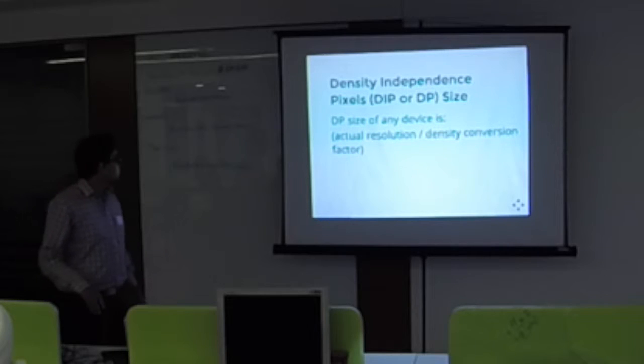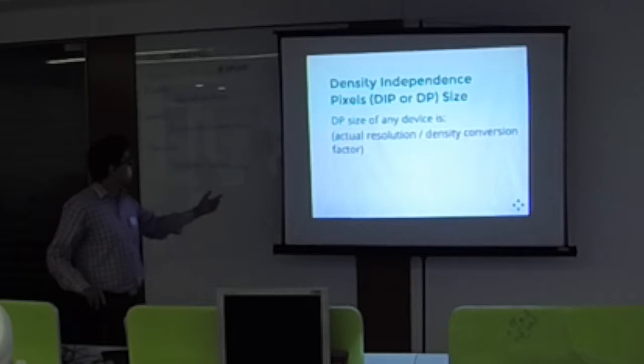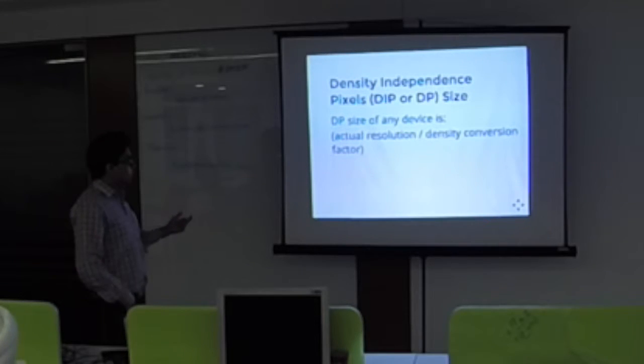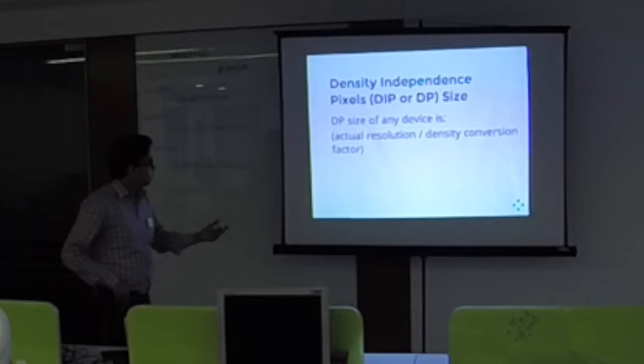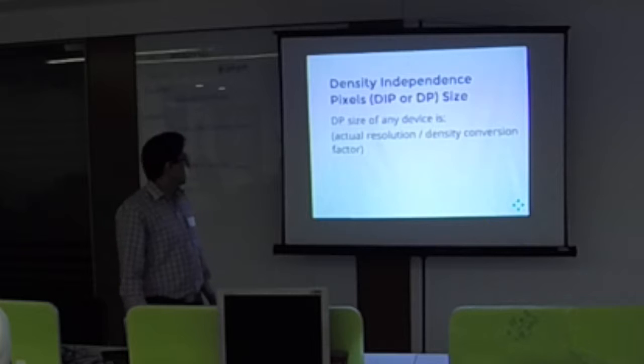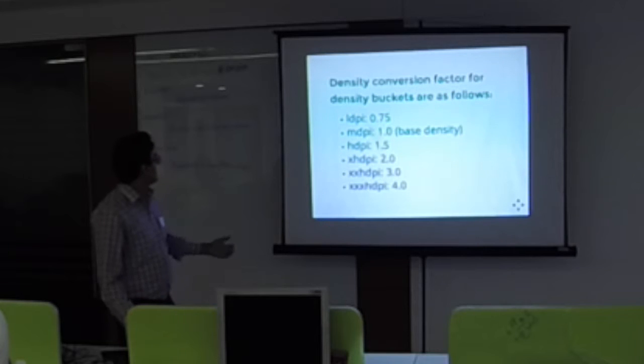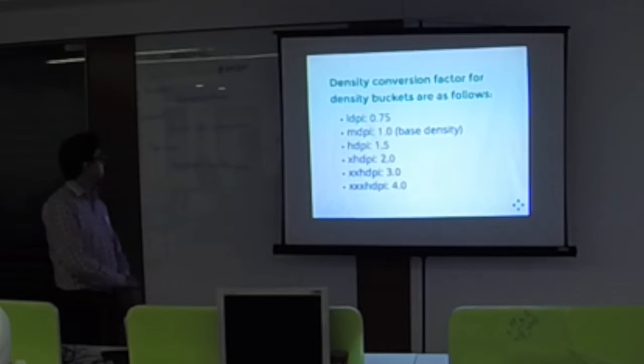We can calculate the density independent size of any device by dividing its actual resolution by the density conversion factor. So what are the density conversion factors? They are based on the density buckets. Here are the density conversion factors of these density buckets.